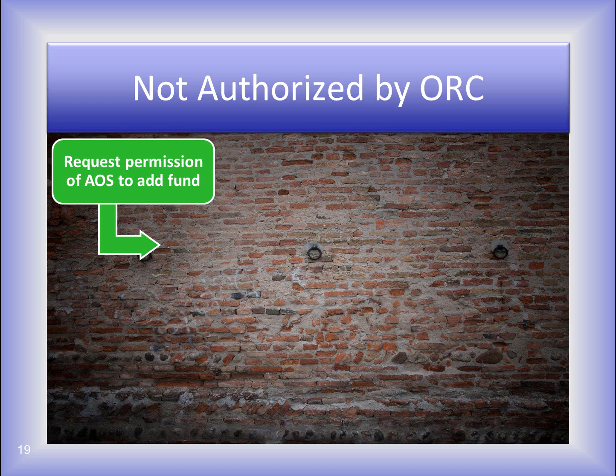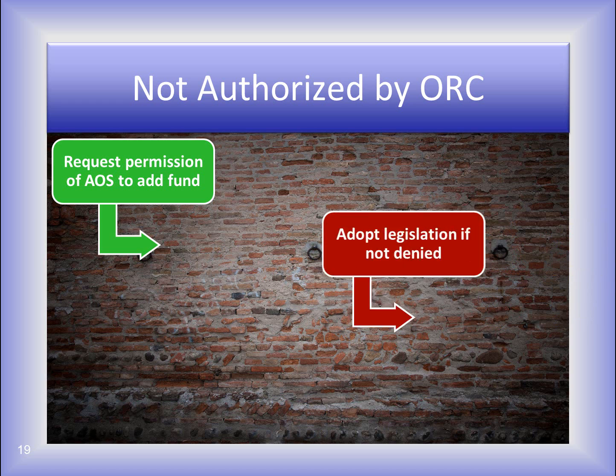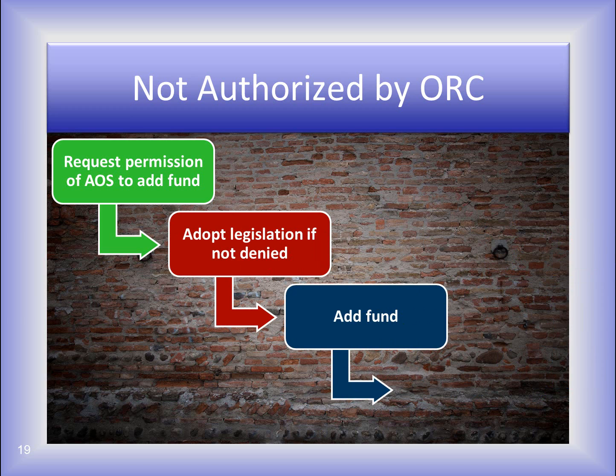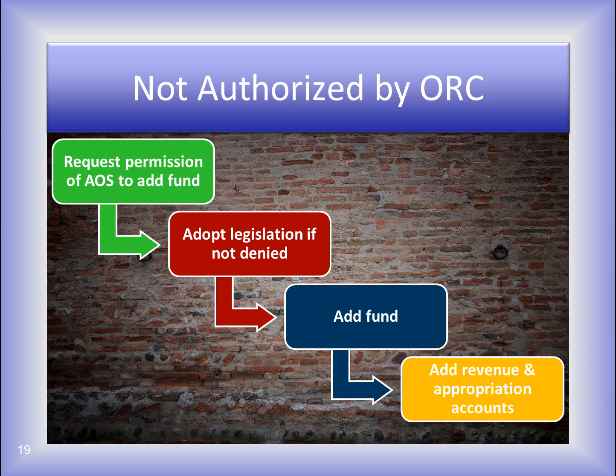If approved, the governing board must adopt legislation to establish the new fund. Then the fiscal officer can add the new fund and add the revenue and appropriation accounts that belong to the fund.